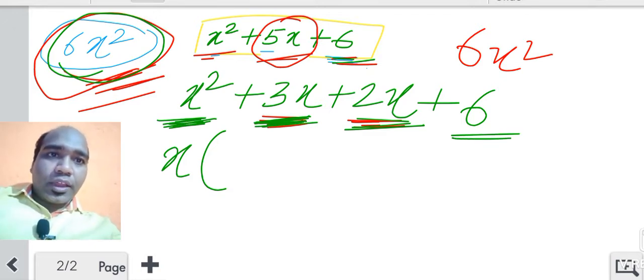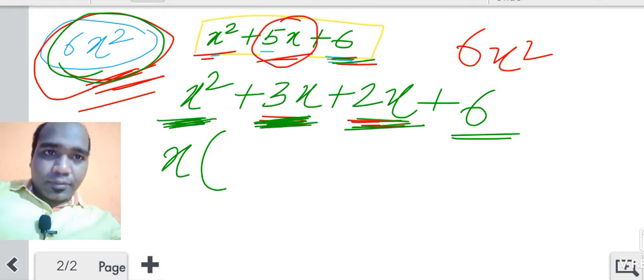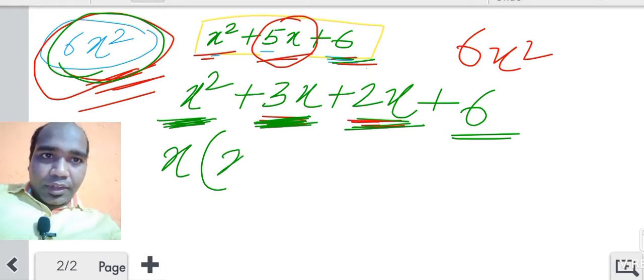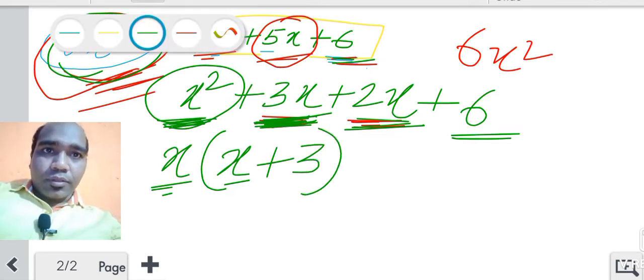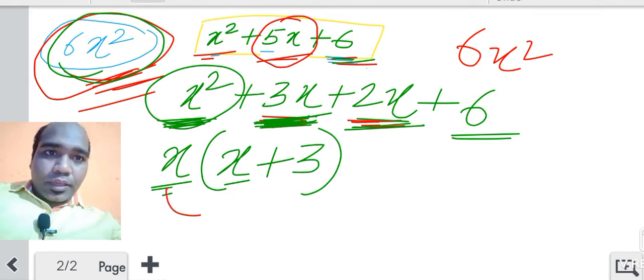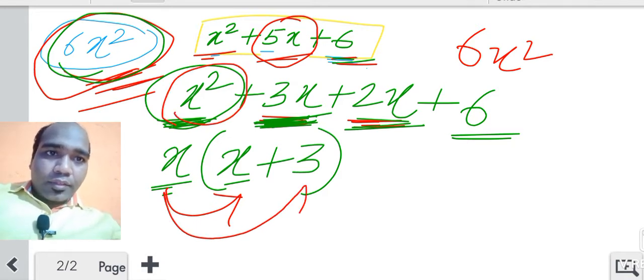In x square and 3x, we take x common. Inside the bracket we write x, because x into x gives x square. Now what should we multiply with x so that we get 3x? We multiply plus 3. Look, x into x gives x square, and x into 3 gives 3x.